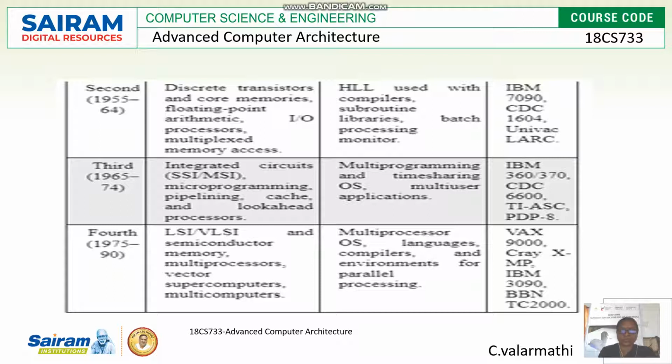The programming concepts used in the third generation were multiprogramming, time sharing OS, and multiuser applications. The fourth generation computers used large scale integrated circuits, very large scale integrated circuits, and semiconductors, with multiprocessor OS, languages, and compilers. The best example for fourth generation computers is the VAX 9000.